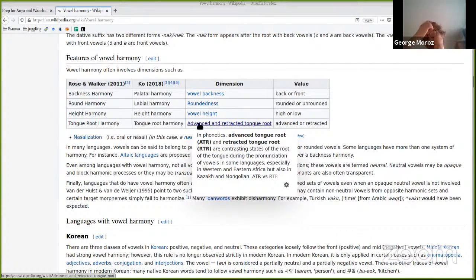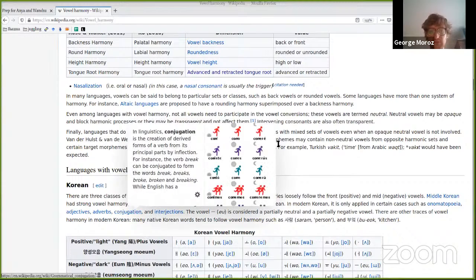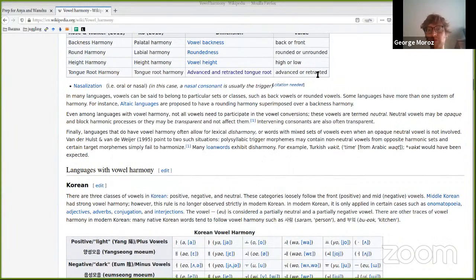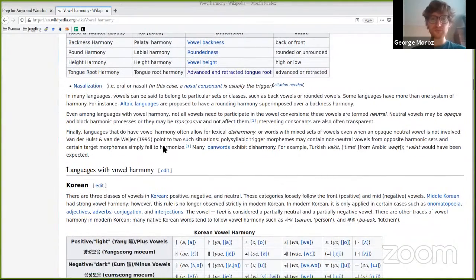Probably Korean is here because of this advanced and retracted tongue root harmony. It's not so straightforward, so I will skip it. It is also possible to have nasalization spread. If you have a nasalized vowel, then it spreads all over the word. Okay, so here are some examples.